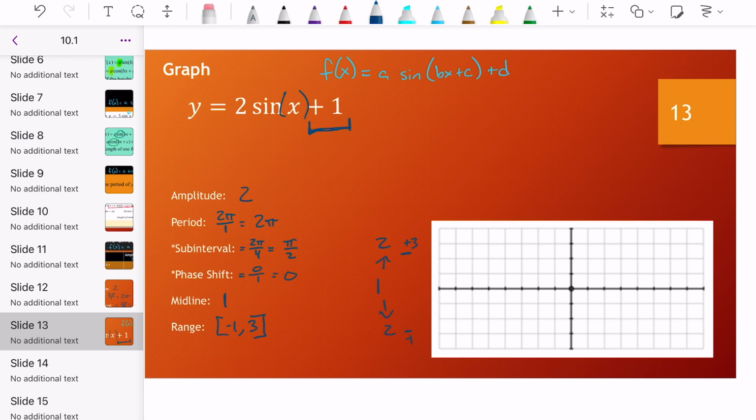We're going to first start off by graphing our equation. In order to start graphing that equation, you're going to start off with drawing that midline. In this case, we are at positive 1. That midline will always be drawn as a dotted line.